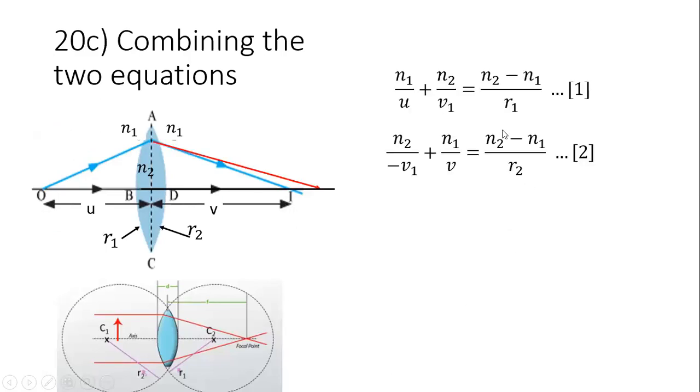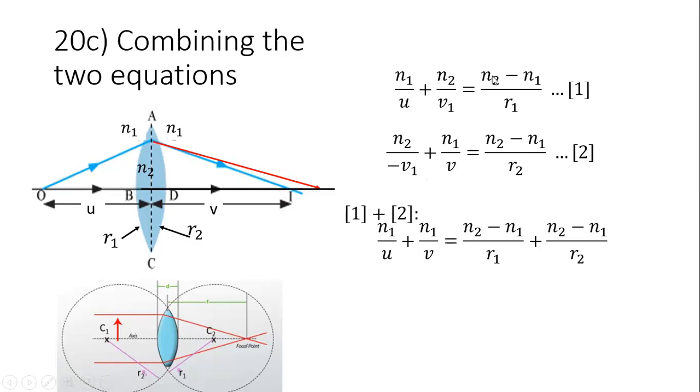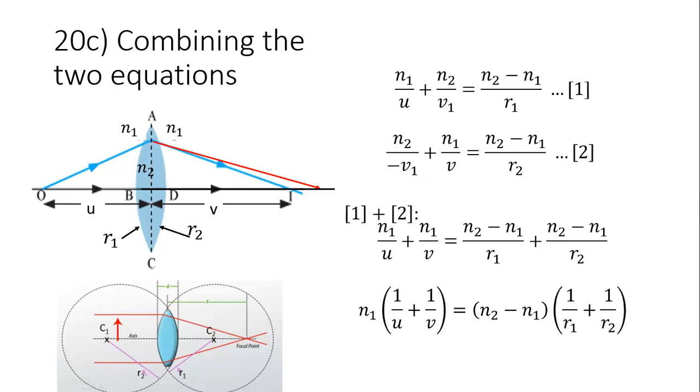So combining our two equations that we have derived, we add the two together. This one will go off. So we still got this one left and this one left on this side. On this side, we just add these two together. Then we take our N1 common factor out.